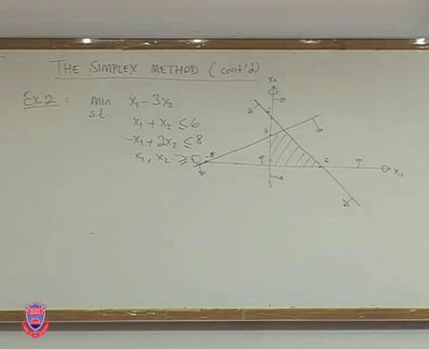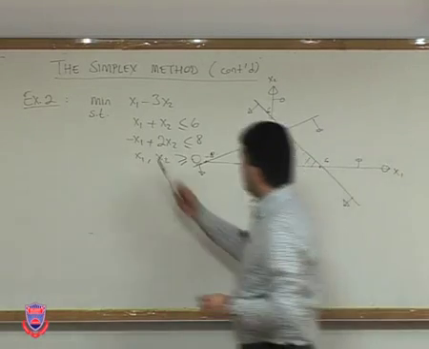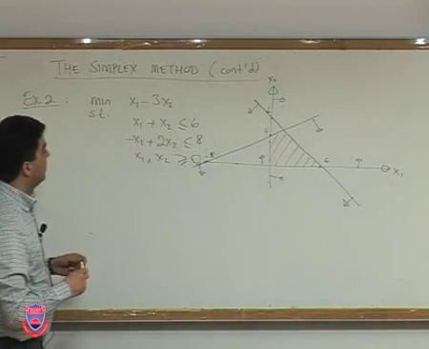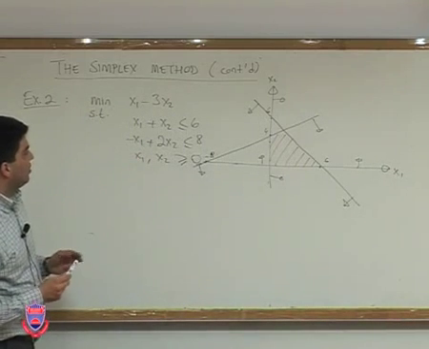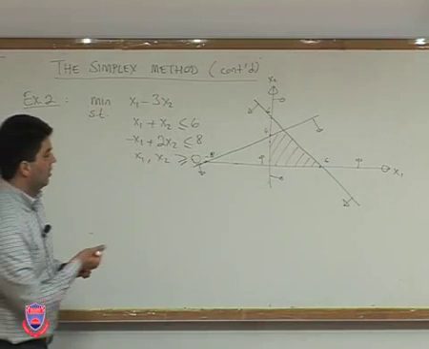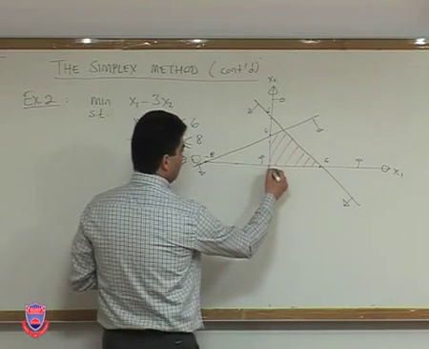What's the next step? I need to figure out my iso-cost line. This is a minimization problem. Let me look at the line given by the equation x1 minus 3x2 equals 0. It goes through 0, 0.